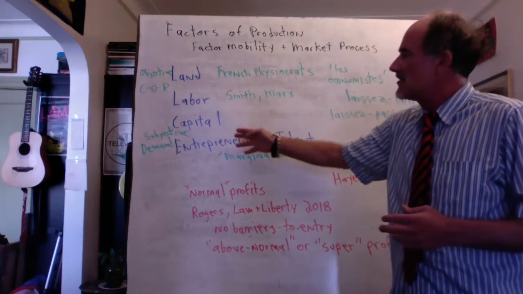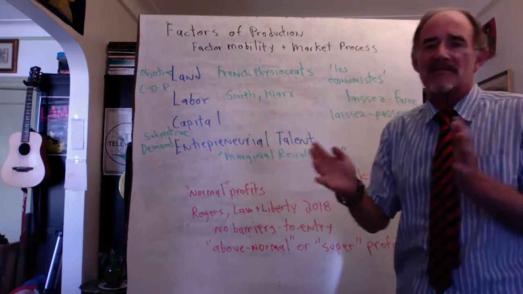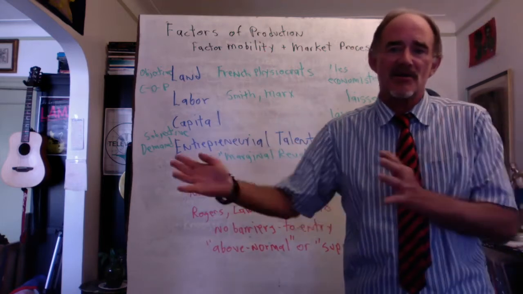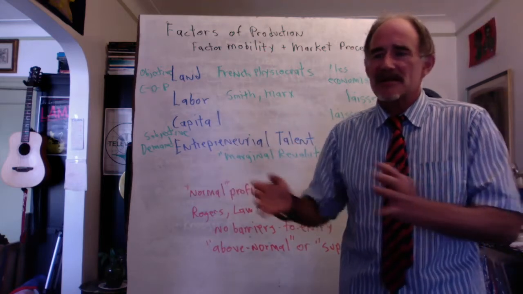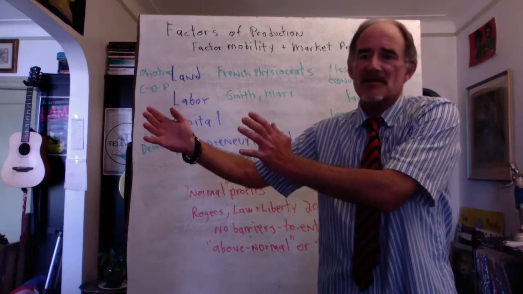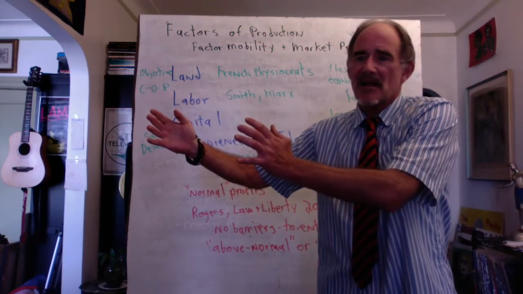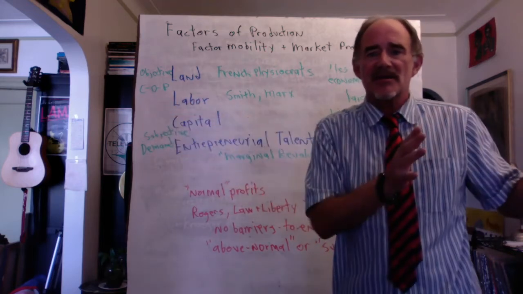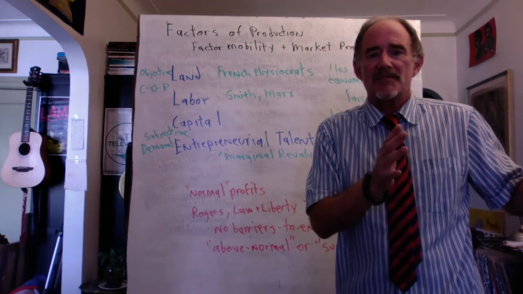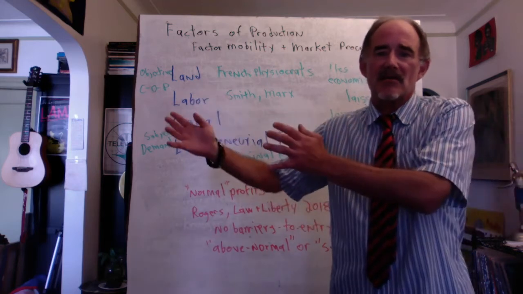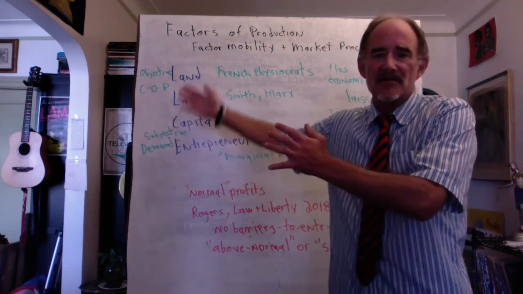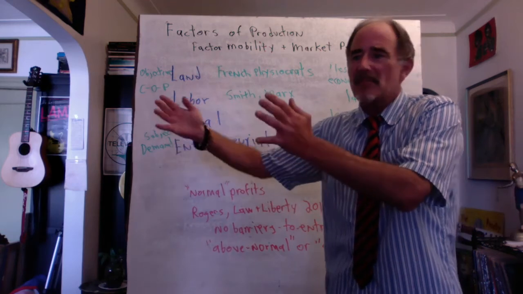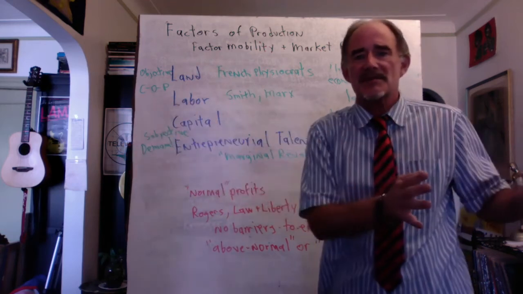Land, labor, capital, and entrepreneurial talent need to be free to seek their highest returns. So let's say you have something over here that's earning 4% and something over here that's earning 6%. Well, entrepreneurs are going to take their factors of production and move them from the 4% to the 6%.